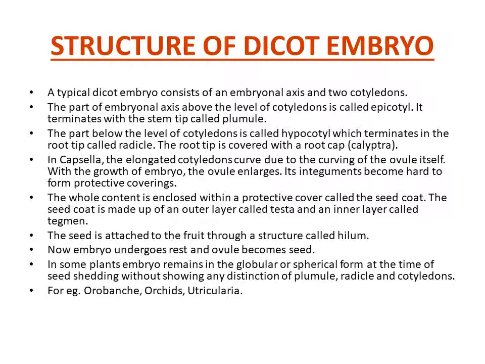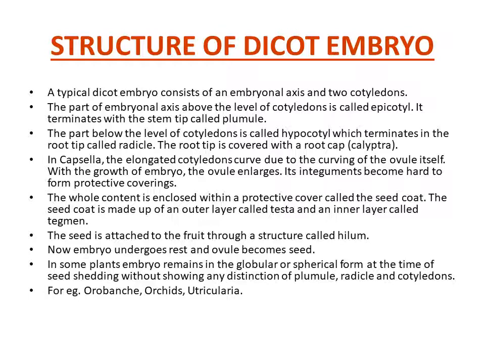Structure of dicot embryo. A typical dicot embryo consists of an embryonal axis and two cotyledons. Due to the two cotyledons, it is known as a dicot. The part of the embryonal axis above the cotyledon is known as the epicotyl, which turns into the stem or shoot apex called plumule.